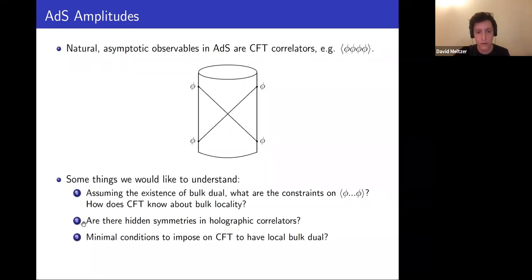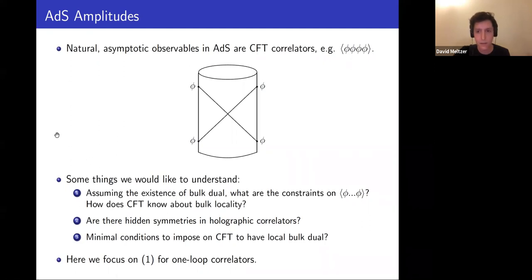And these questions, I think, have been very well studied in the past 10 years at tree level, and we have a variety of conditions we impose on our CFT, like large N factorization and gaps in our single trace sector. But there's been less exploration at loop level. So in this talk, I want to focus on studying this first question for one loop correlators as a prerequisite before we get to the more complicated questions about hidden symmetries and the emergence of bulk locality.